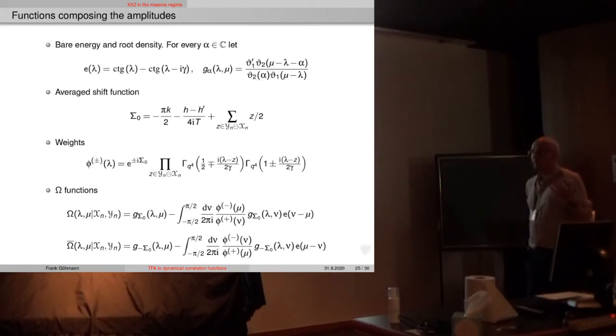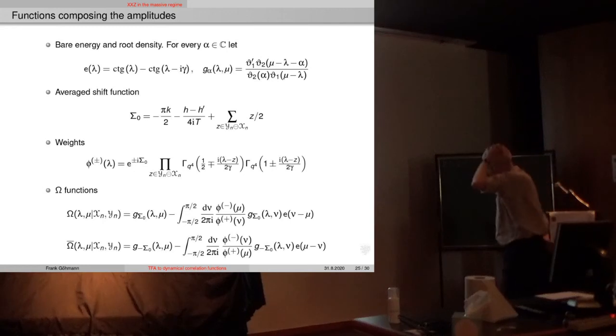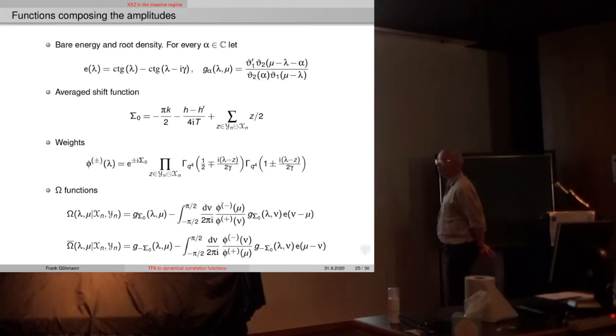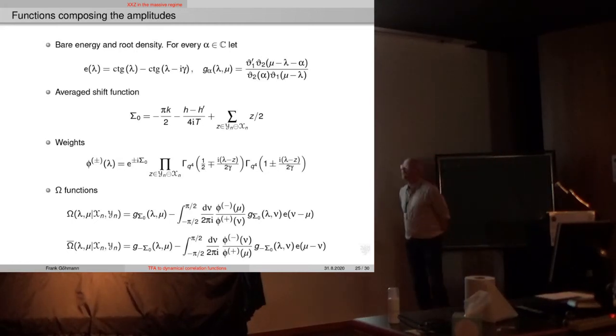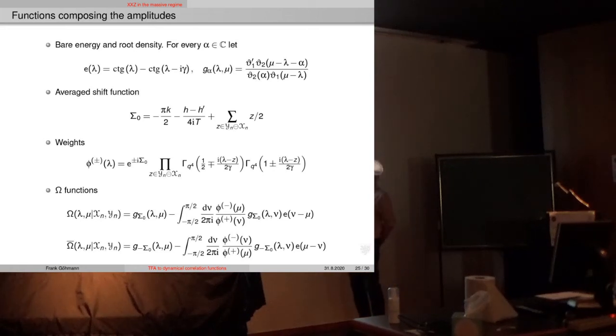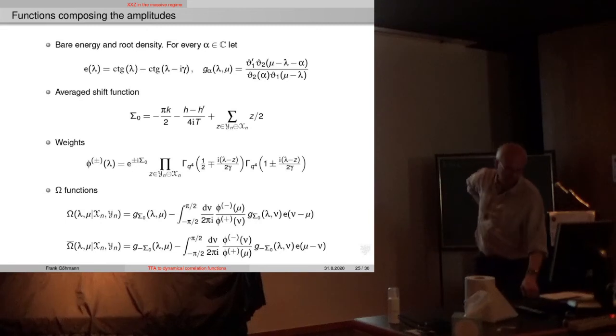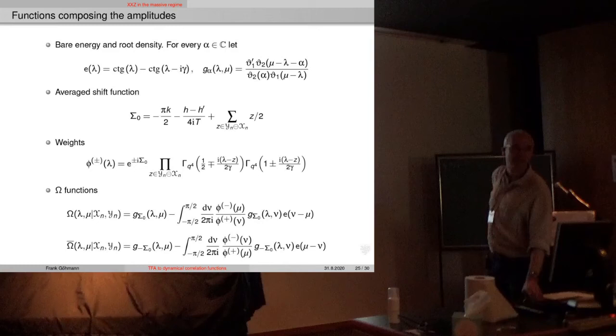If you're familiar with the work of my friends Jimbo, Smirnov, Takayama, and some generalizations of this to finite temperature, in which I was also involved, there is also a function omega, there is this fermionic basis, and the omega function has such a structure. So this is the weight function, the root density, the bare energy. Amazing, a similar structure appears here. There is a second one, omega bar, where just some minus signs are flipped.